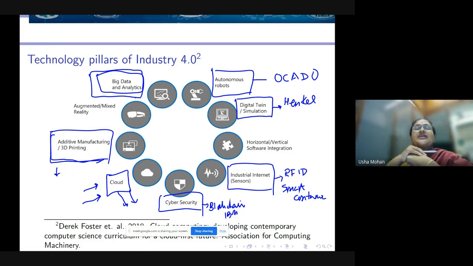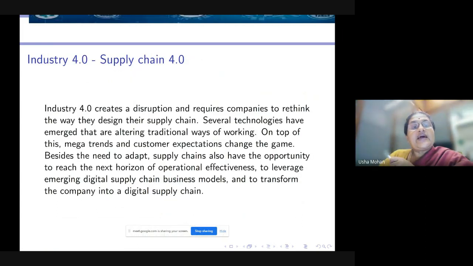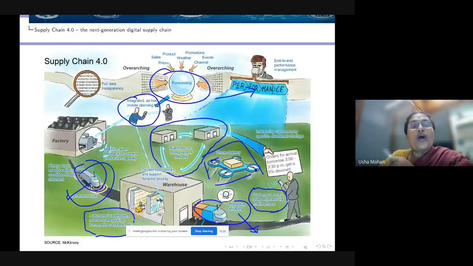By using a consumer's point of sale data, they ship expected products so that the consumer does not have to wait. So this is about supply chain 4.0 and the technologies in it.